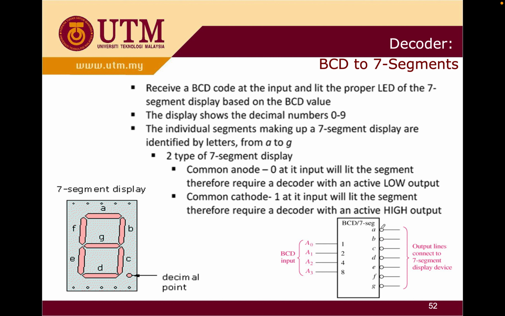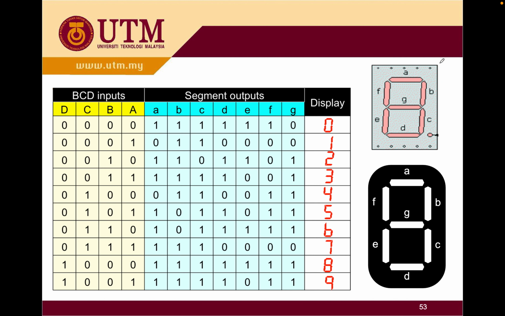So let's say we want to have a 7. What pins are we going to turn on? We're going to turn on A, B, and C. Is it possible to have that? So how to turn on your A, B, C, D for BCD to 7 segment? Let's take a look.